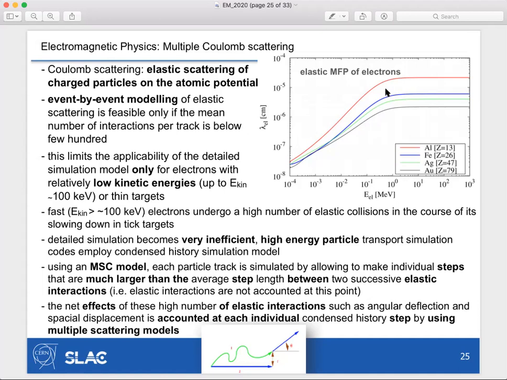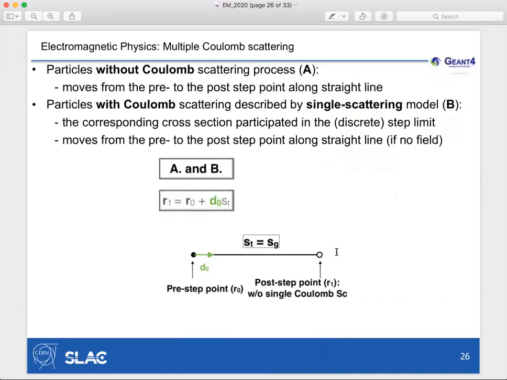And at the post-step point, we use a model, the multiple Coulomb scattering model, that will tell us what is the net effect of all those many elastic scatterings, all those many Coulomb scatterings that would actually happen along this step. And the net effect is some angular deflection and some change in the position. Okay. So that is why we use multiple Coulomb scattering, and what multiple Coulomb scattering gives us.